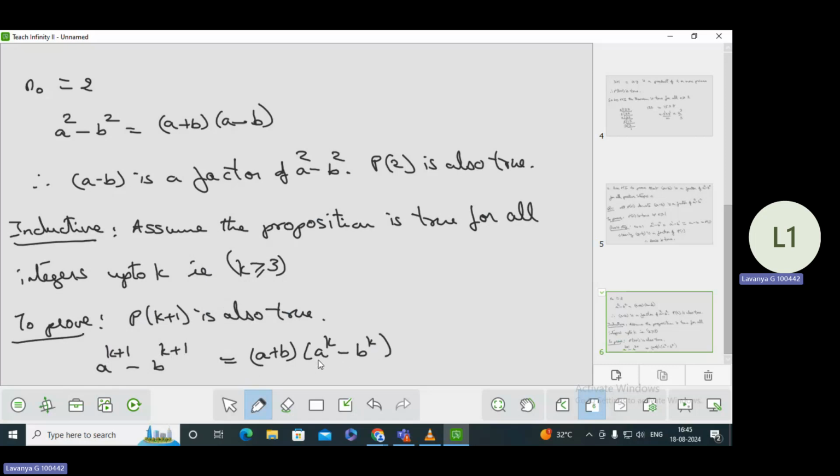Now I have a power k plus 1, I have minus a b power k, which is not there, so add that quantity plus a b power k. Similarly, I have b a power k, which I am not having in the left hand side, so subtract b a power k. Once you do this, try to rewrite this.